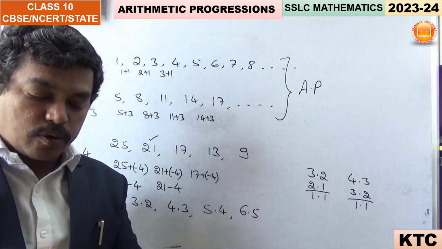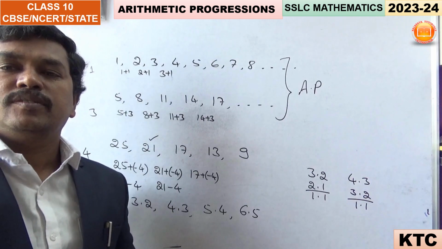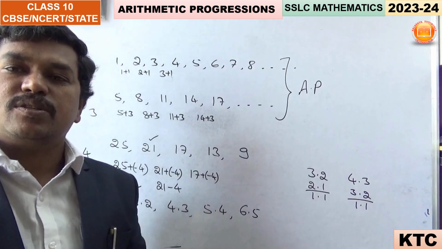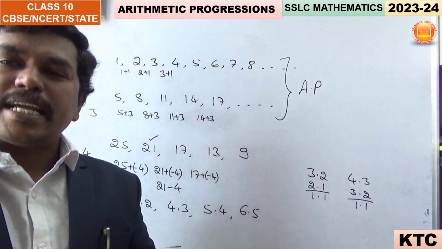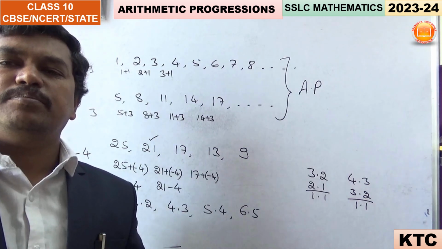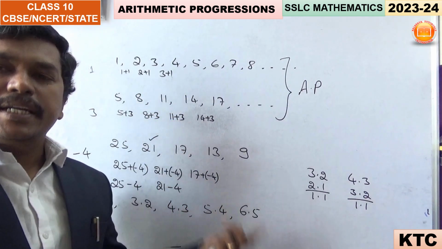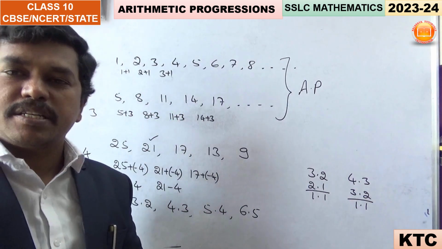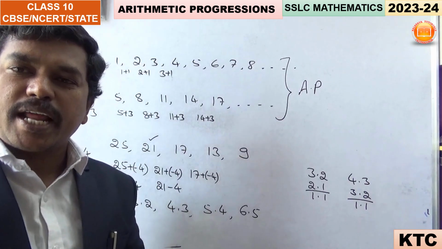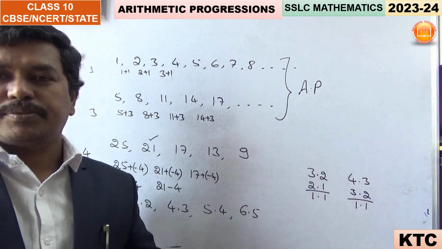Therefore we can add decimal numbers also in an arithmetic progression. And also fractions, and also irrational numbers, root 2, root 3. Not only natural numbers, we can add integers, fractions, decimal numbers, and irrational numbers to get the successive terms.